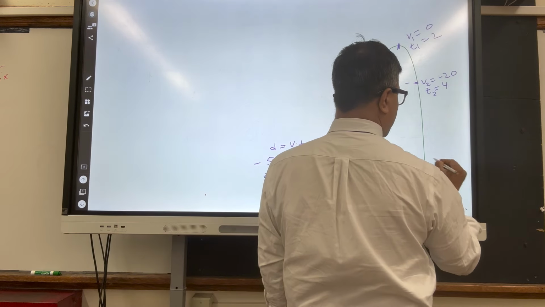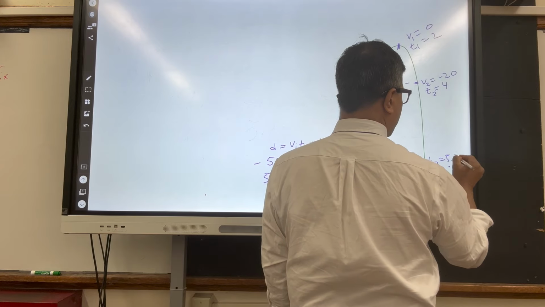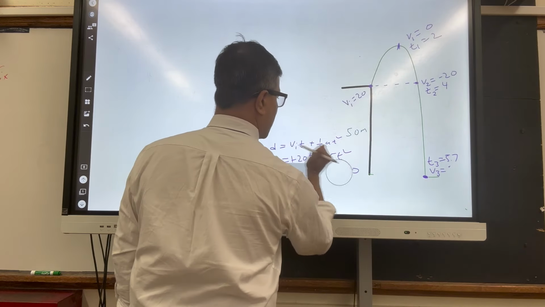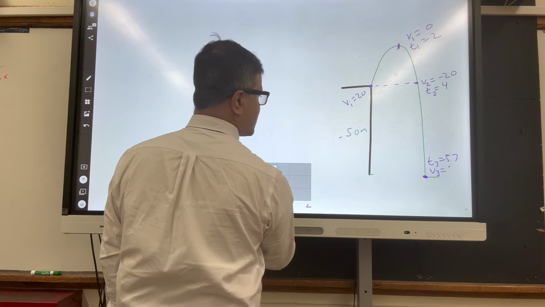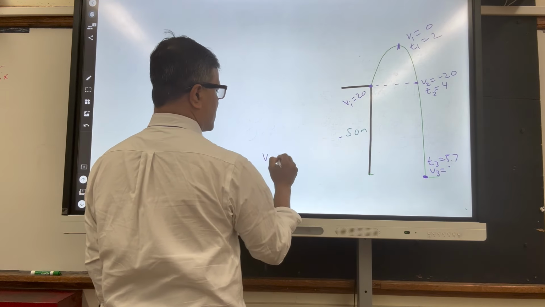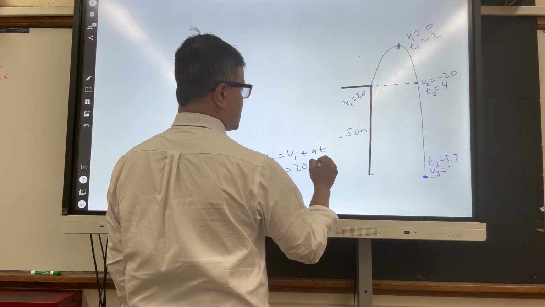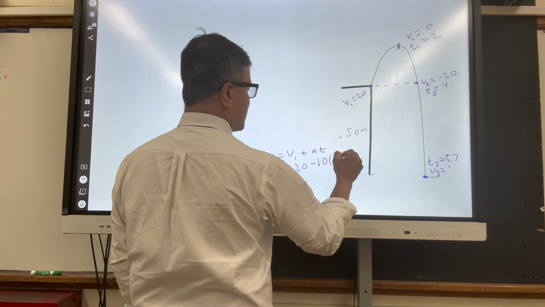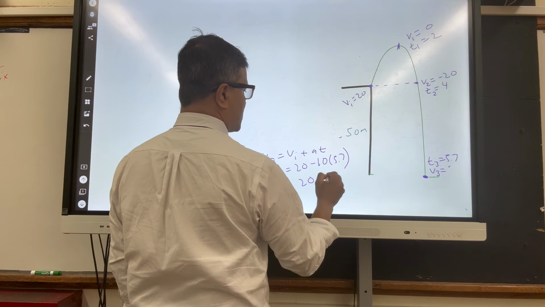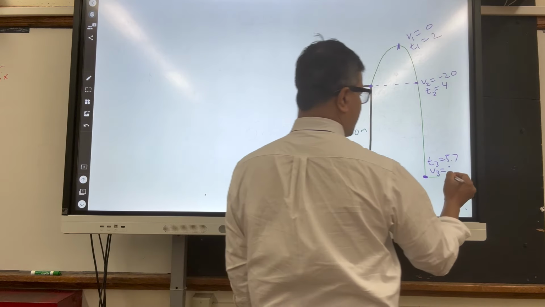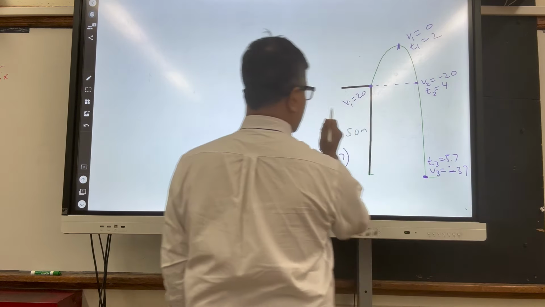So t3 is 5.7. So v3 must be Vf is equal to Vi plus at. So 20 minus 10 times 5.7, so 20 minus 57, negative 37. Okay, so we know everything.